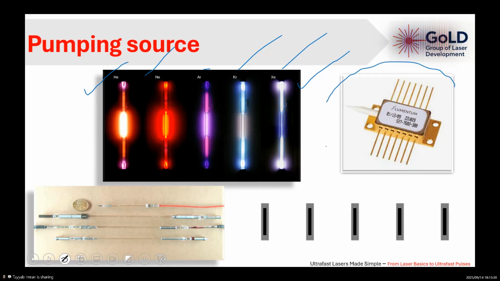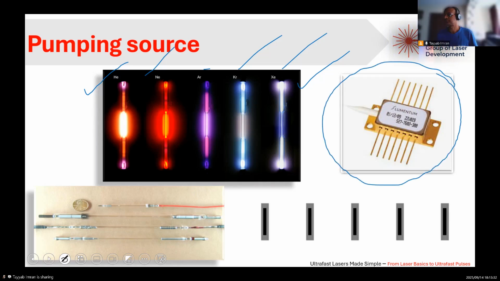On the right side, what you see here is a pumping source for the fiber laser. It's a diode. Inside of it there is a matrix of laser diodes, and these laser diodes are guided through this fiber optic to the fiber laser.